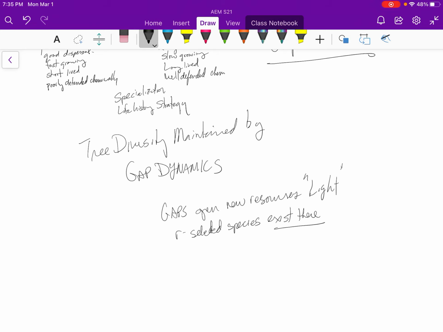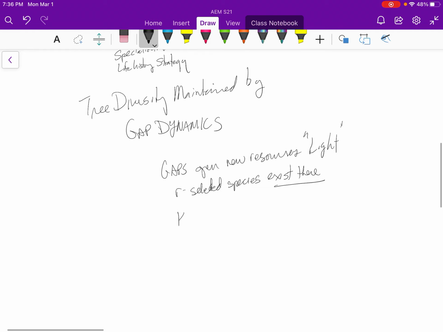And they won't be competing with the K-selected species at that time because they're using this high light environment. And the K-selected species, they exist in the climax forest.